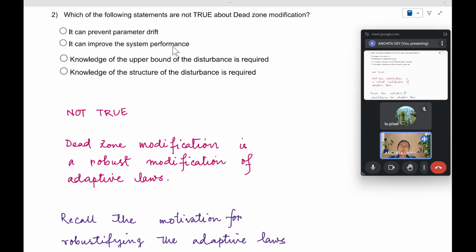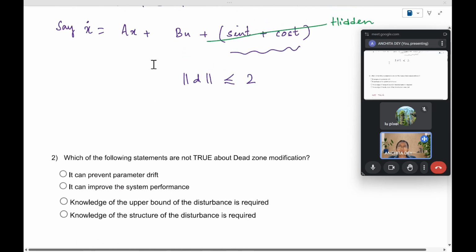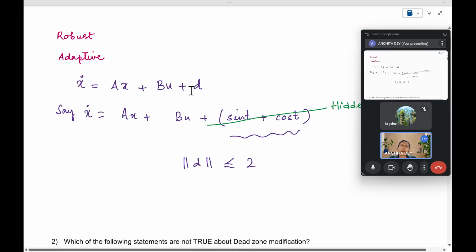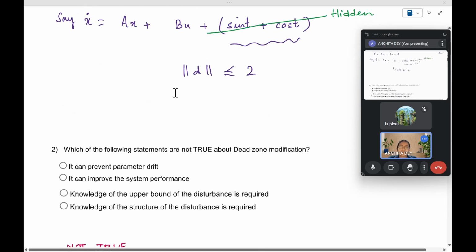It can improve the system performance, of course, because suppose, in a simple way of speaking, you are given a system x dot equal to ax plus bu, and there is some disturbance d, right? You can just consider the previous example that we talked about. Now, if you do not know d and you simply design a controller for x dot equal to ax plus bu, it is very possible that the performance would be bad because there is a constant disturbance working as an input to the system, right?